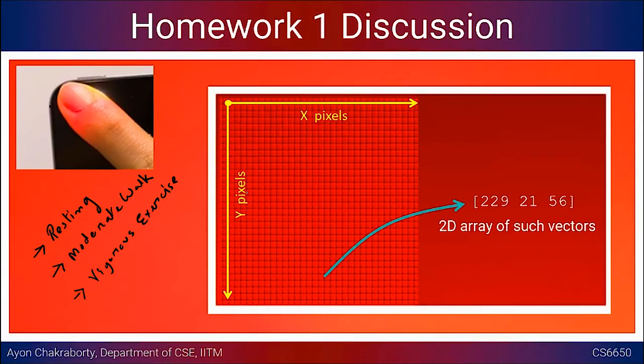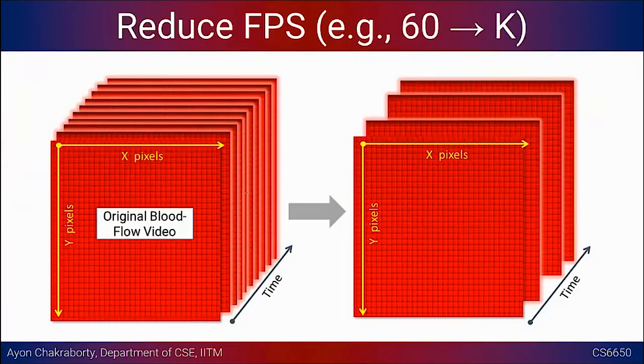Right? So the first thing I asked you to do is that once you receive these 3 videos, one conversion that you might look at is how to reduce the frame rate of the video. Originally you will collect the video at 30 frames per second or 60, depending on your smartphone camera hardware.